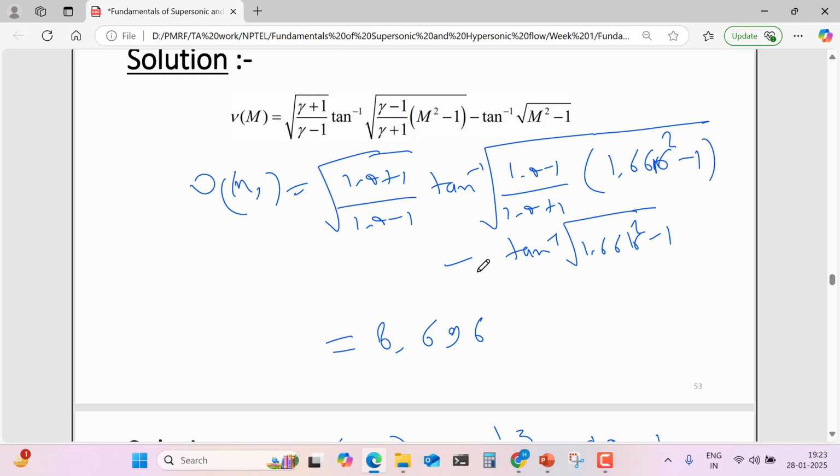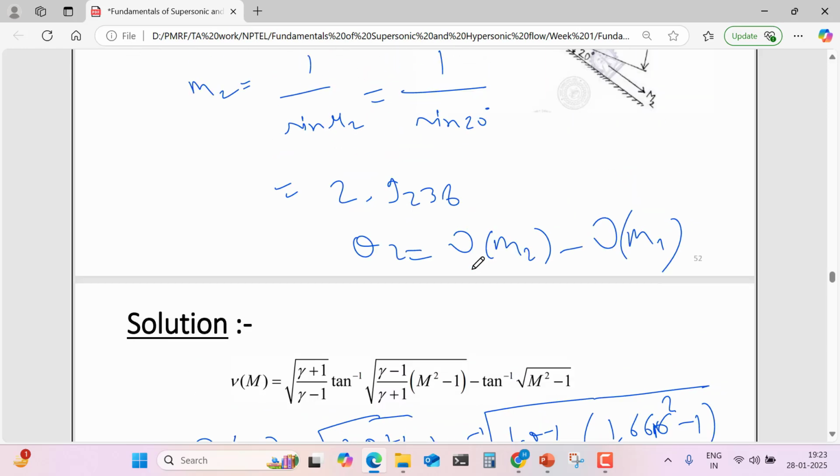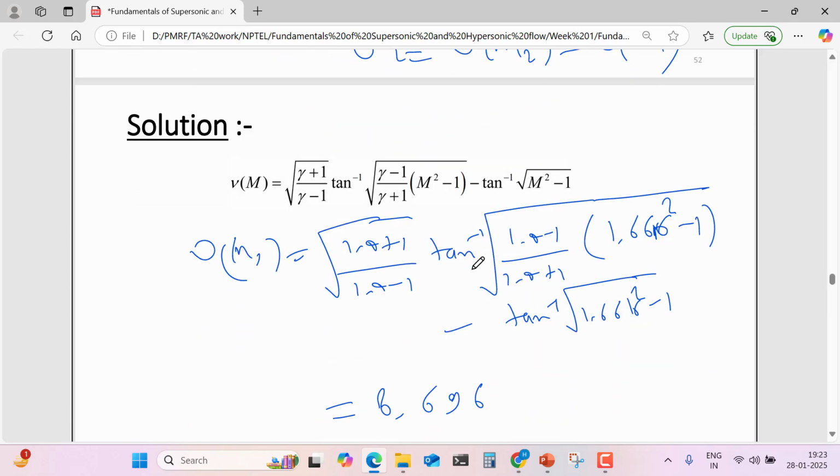Let me check if I made any mistakes in here. One mistake I made.